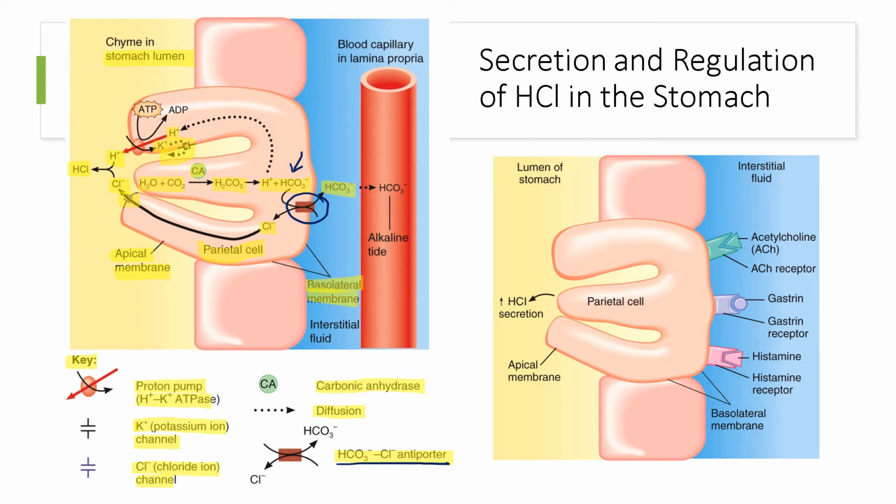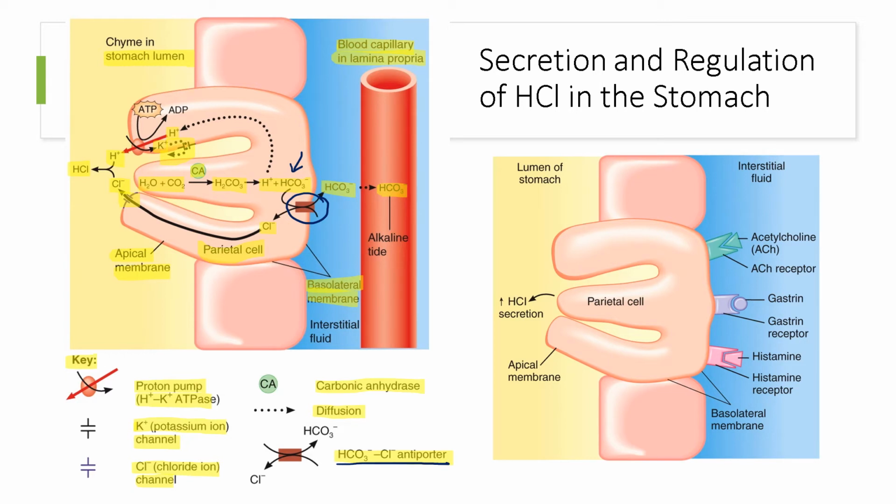It's going to pump it into the blood capillary in the lamina propria. So that's essentially how we get the hydrogen and chloride ions being pumped out into the stomach lumen from the parietal cell.